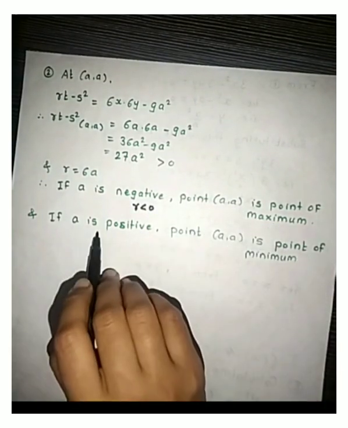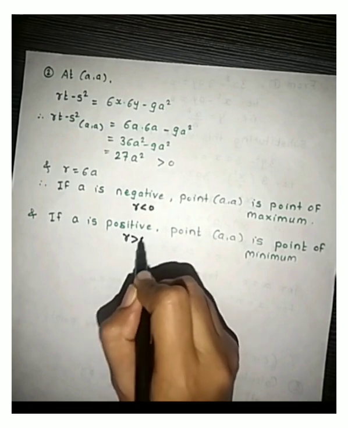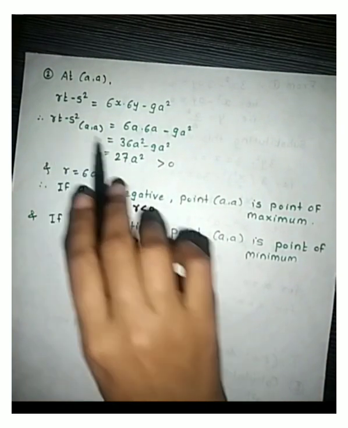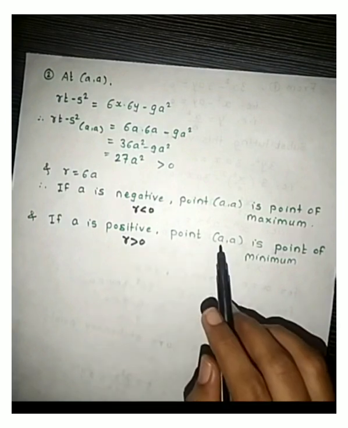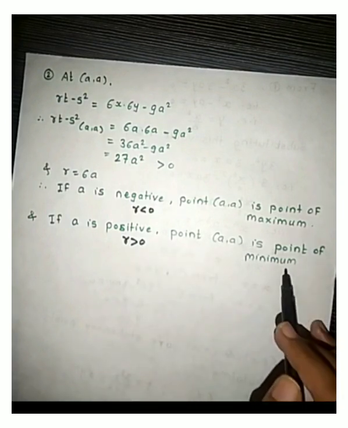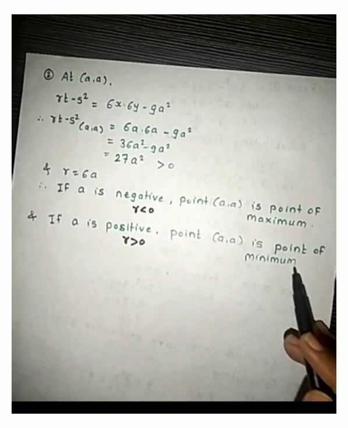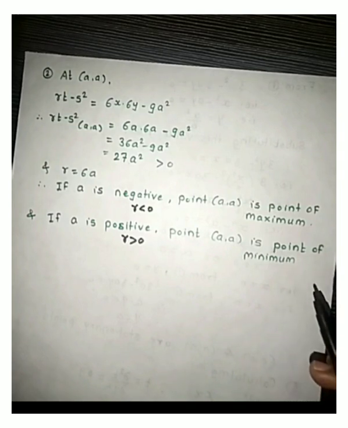But if a is positive, then r will be greater than 0, then rt minus s square is greater than 0 and r is also greater than 0, then point (a, a) will become a point of minimum. So in this way we will find whether points (0, 0) and (a, a) are maximum or minimum points, and under what condition they will be maximum or minimum.